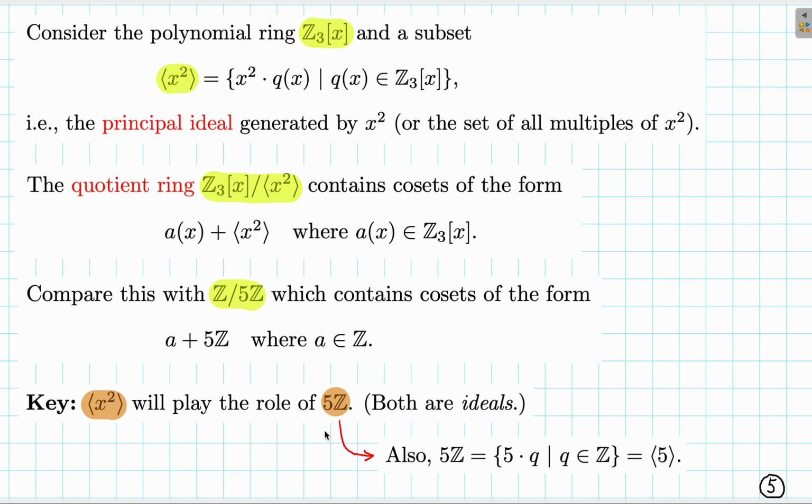Both of these are ideals, and moreover, 5Z, which is the set of all multiples of 5, can be written as ⟨5⟩, or the principal ideal generated by 5. And so the quotient ring, Z3[x] mod the ideal generated by x², looks quite intimidating perhaps, but it is very similar in the way it works with Z mod 5Z, as you will see in the classwork.